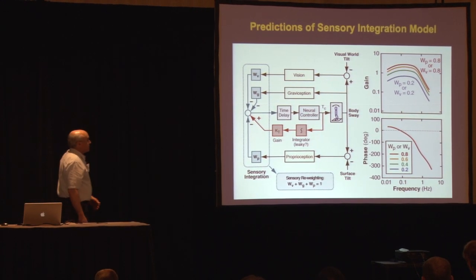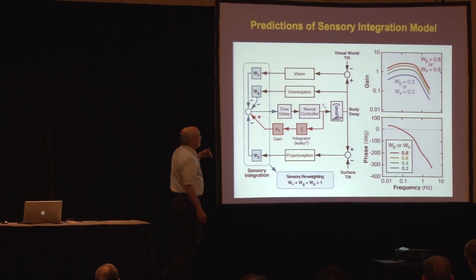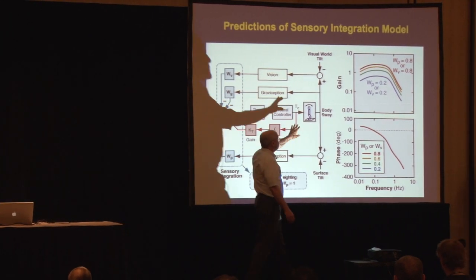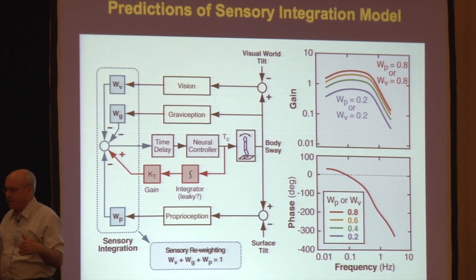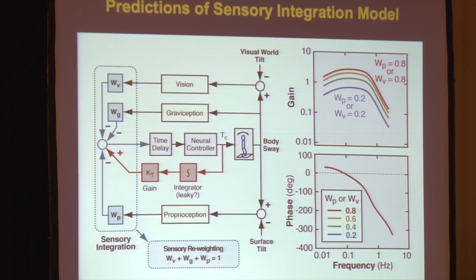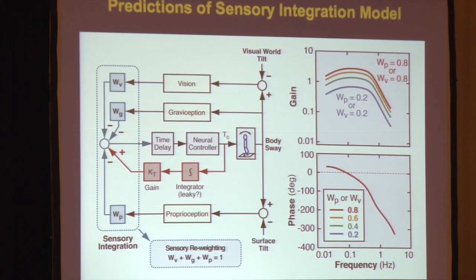And this just shows the predicted frequency response function curves that you would get from this model, and you can see the general shape of those curves is consistent with the experimental data.